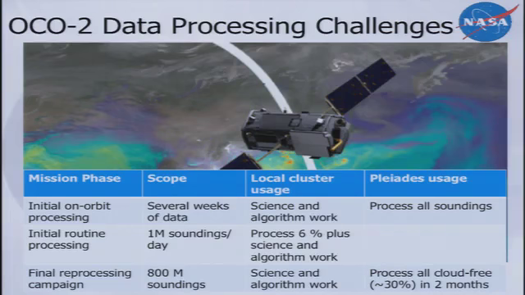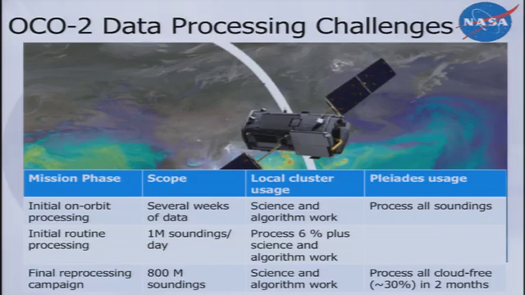So I've been working with the OCO team to figure out how we go through that process, how much data we are talking about. Every day, we are collecting 1 million soundings a day.